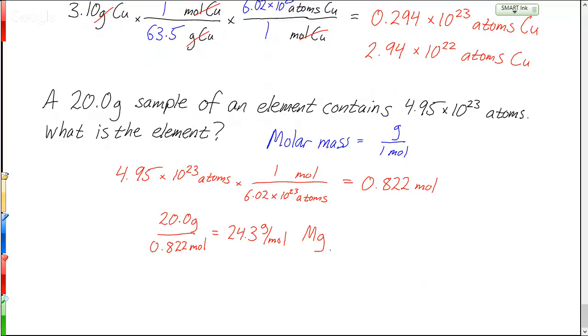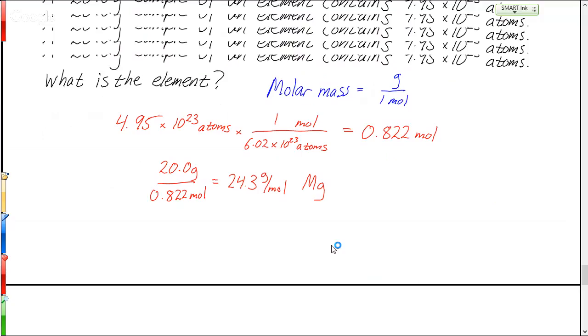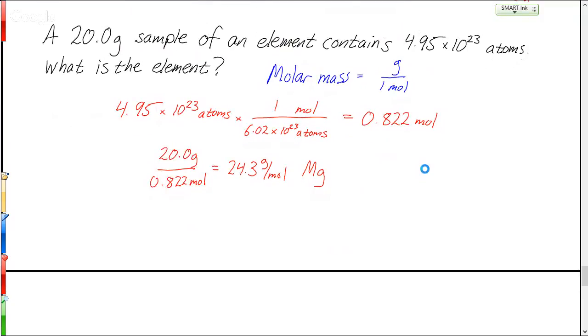Let's look at another way to do this that makes it look more like a regular conversion problem rather than trying to work that out that way. The other way to do this is to say, well, we've got grams and we've got atoms, so we can get grams per atom. How do we get grams per mole? So grams per atom would be 20.0 grams per 4.95 times 10 to the 23rd atoms. And then we want to convert that into something that is converting atoms to moles.